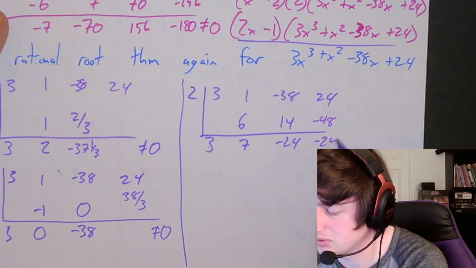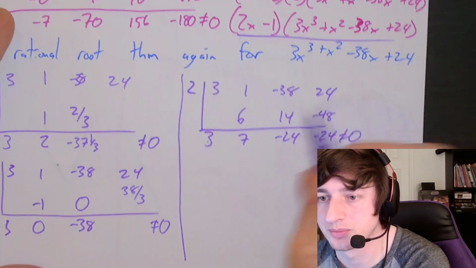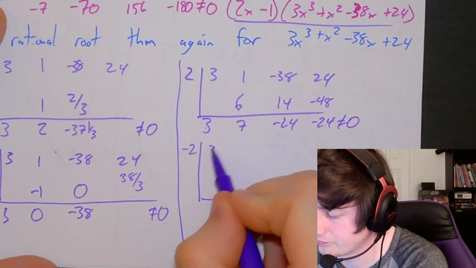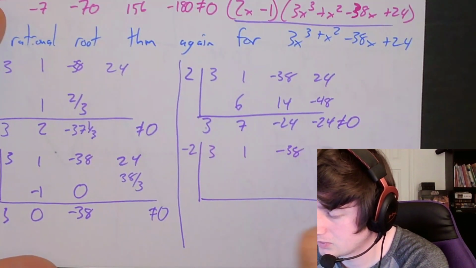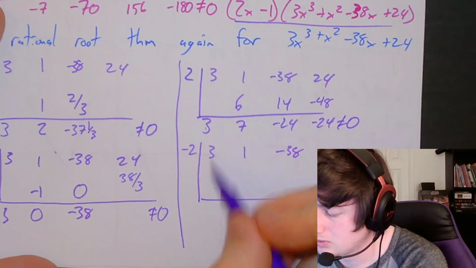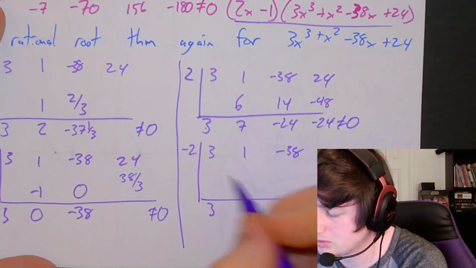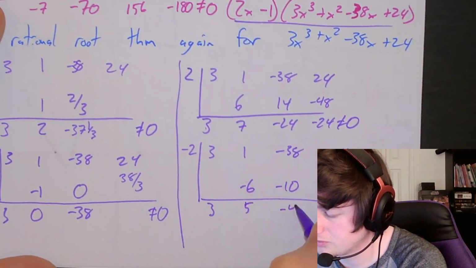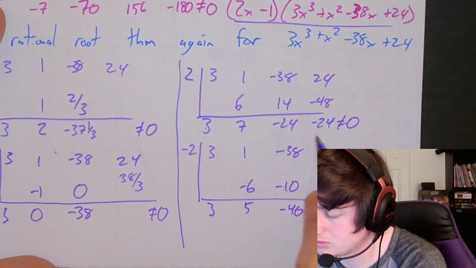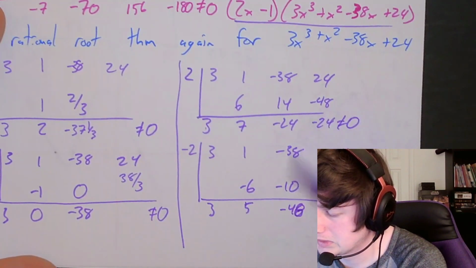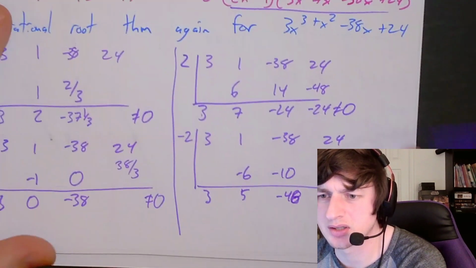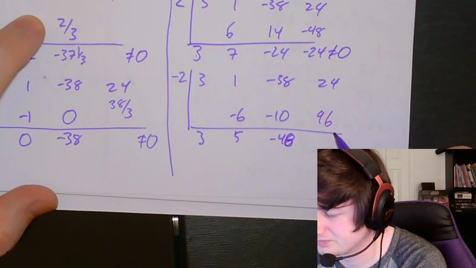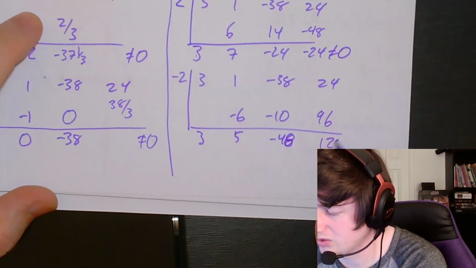This is negative 20, this is not 0, it's not 2. Check negative 2. Add down 3, negative 6, 5, negative 10, negative 48, times 2 is like 96, 120.